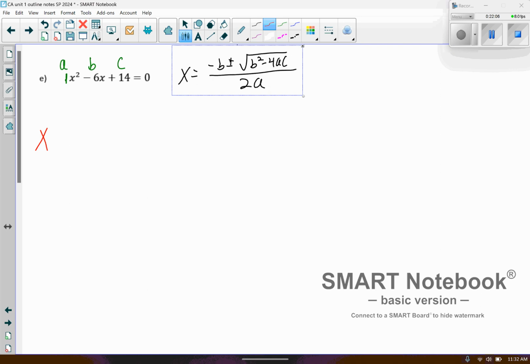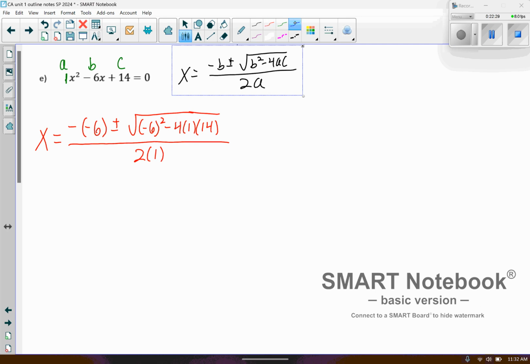So let's see, x equals negative 6 plus or minus the square root of negative 6 squared minus 4 times 1 times 14, and then all divided by 2 times 1.